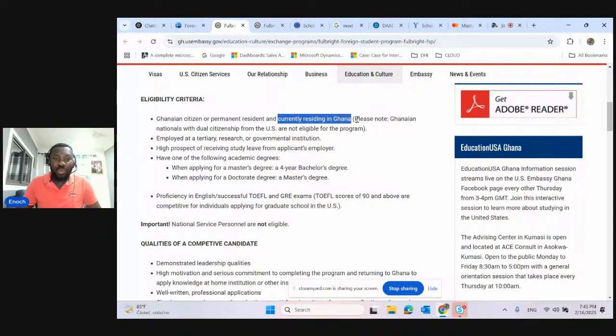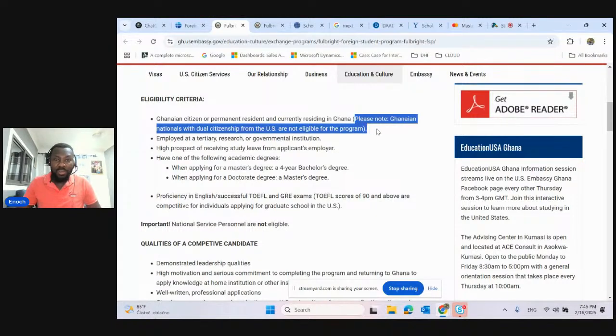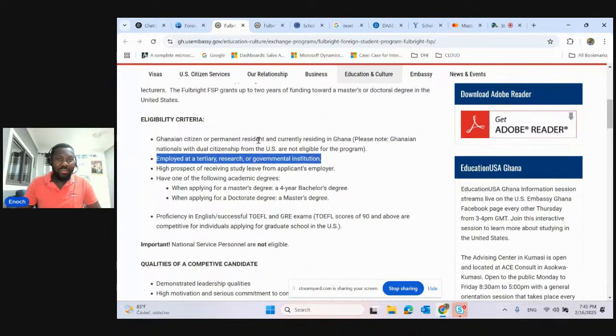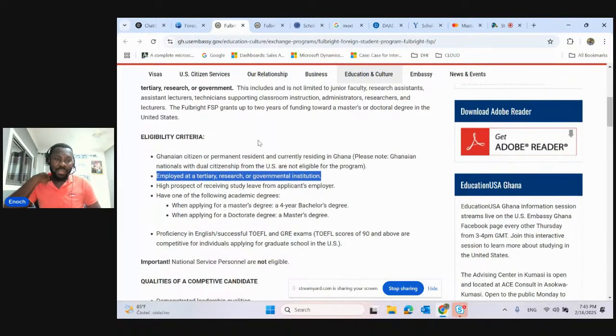And also, if you have dual citizenship, you are not eligible. For the professional development, you must be employed at a tertiary, research, or governmental institution. I think this is for both professional and academic development. So you must fulfill at least one of these.